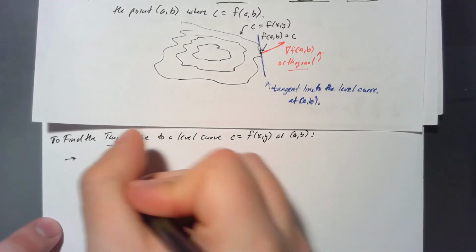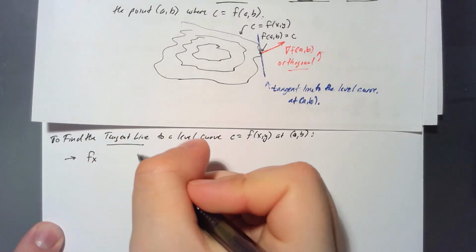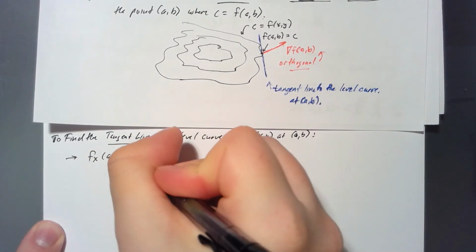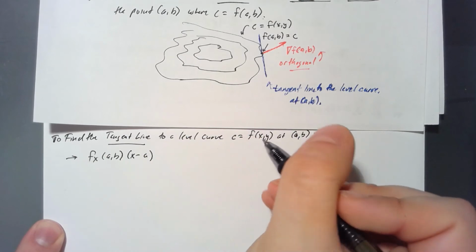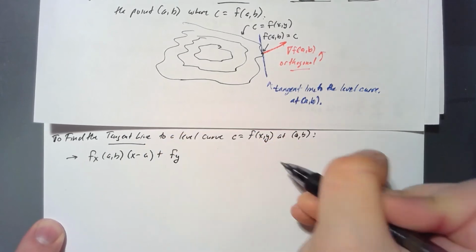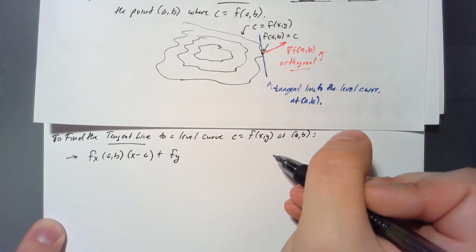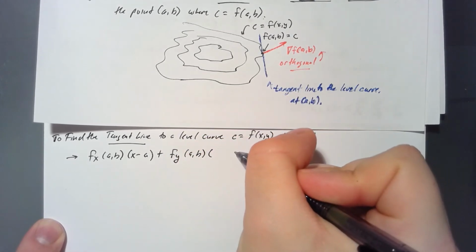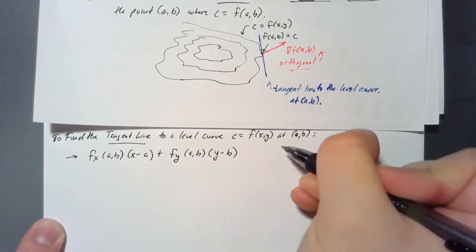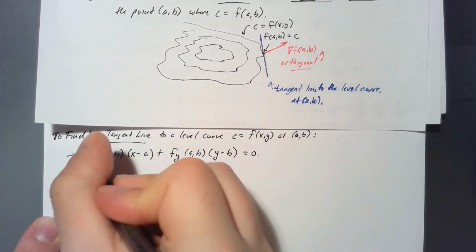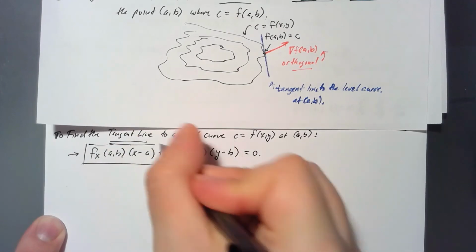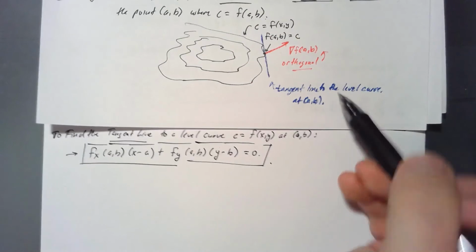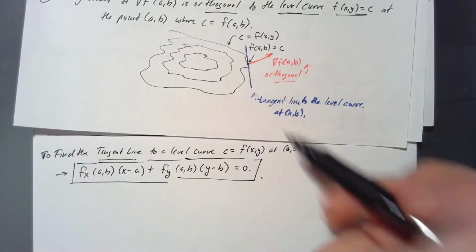It's going to be the partial of f with respect to x at AB times x minus a, plus the partial of f with respect to y at AB times y minus b, equals 0. That's how you find the tangent line to a level curve, or the tangent line to the contour line.